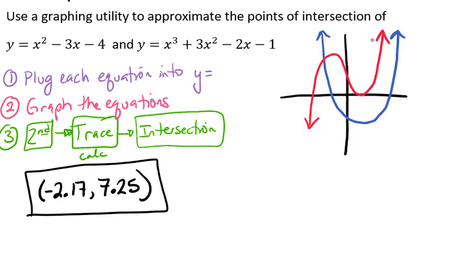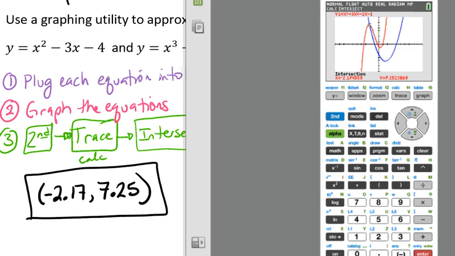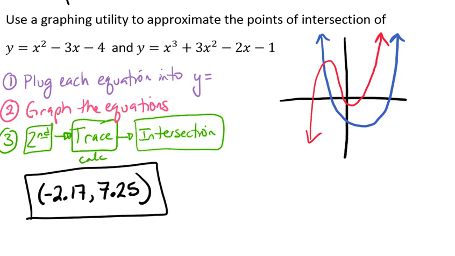So we'll just fix that red one. And so we'll take one final look. And that looks a lot better. So we have our sketch, we have our intersection points, and that's how you get that approximation of those intersection points using your calculator. So we've just gone over how to find the intersection points of two functions algebraically and graphically.